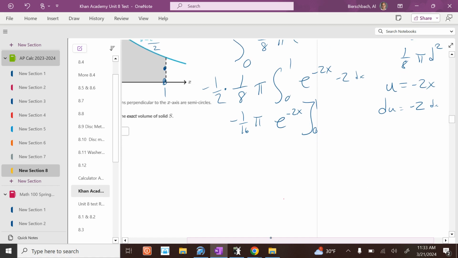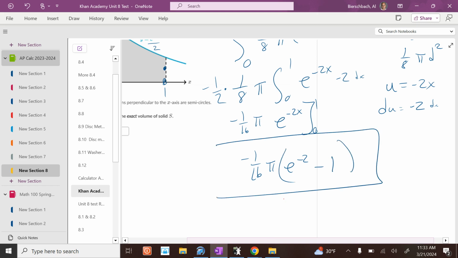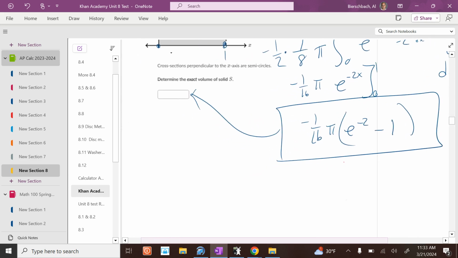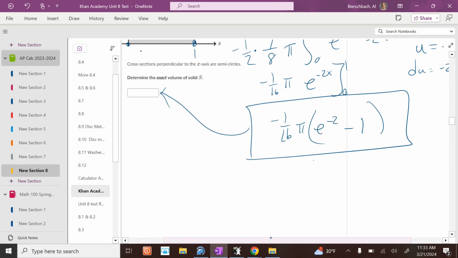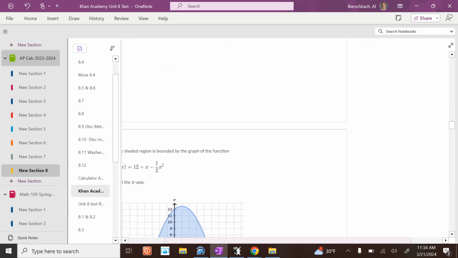If you put in the 1, it's negative 1/16 pi e to the negative 2. If you put in a 0, it's minus e to the 0, which is 1. This is our answer. That whole thing goes in there. You know, this is the exact volume. And I know that answer ends up like that.